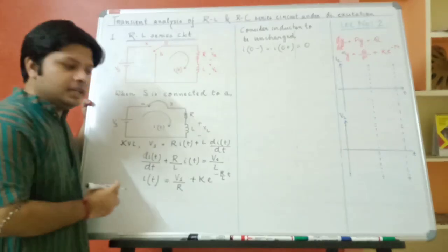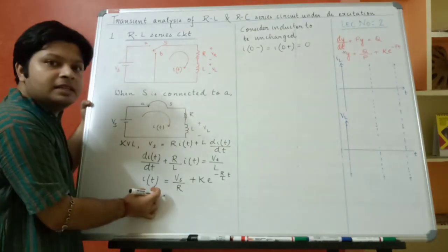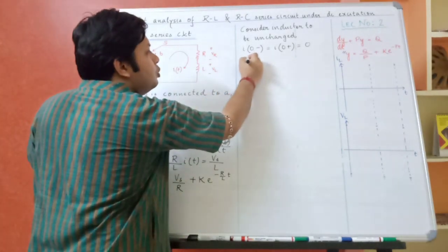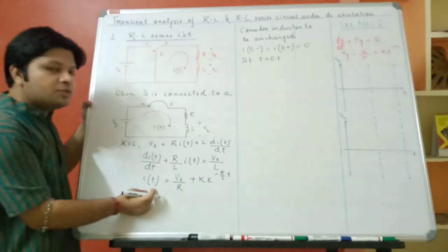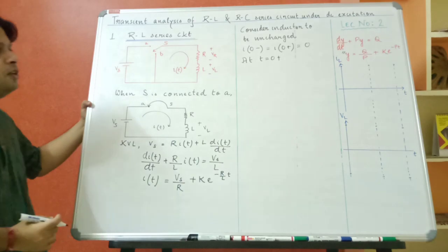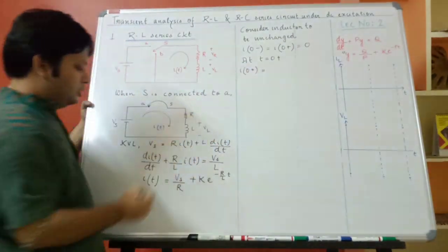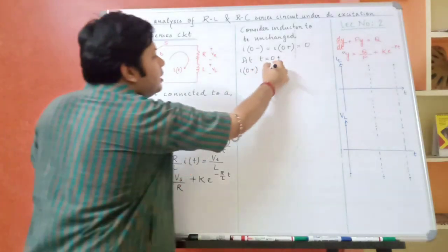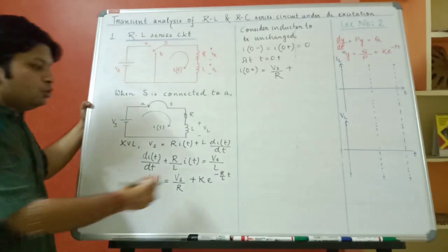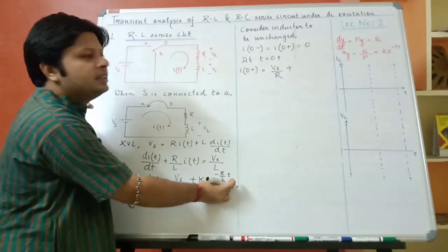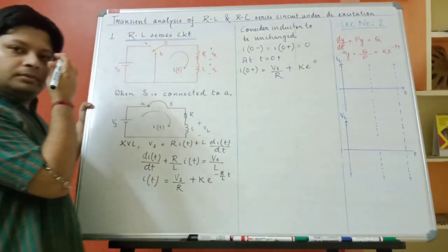Now substitute that initial condition in this IT. What you will get? It is nothing but at t equal to 0 plus, which is my present condition. This equation is present condition. So IT at 0 plus. So I 0 plus is equal to Vs by R plus K e to the power minus R by L t, t is nothing but 0. So K e to the power 0.